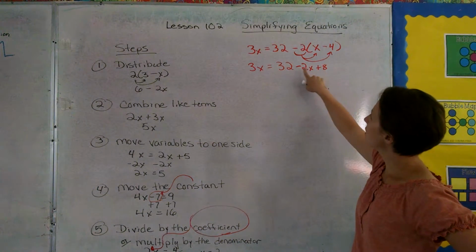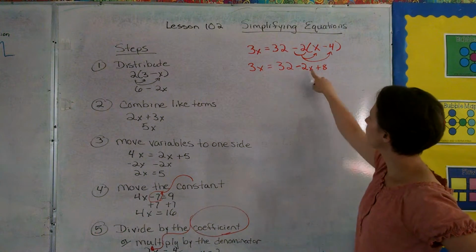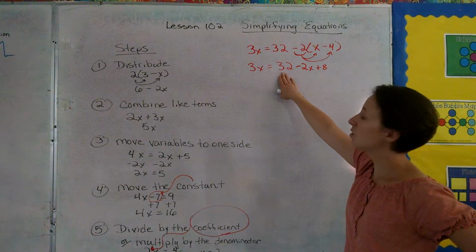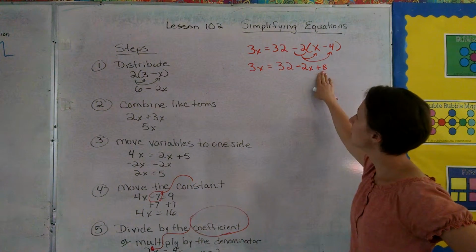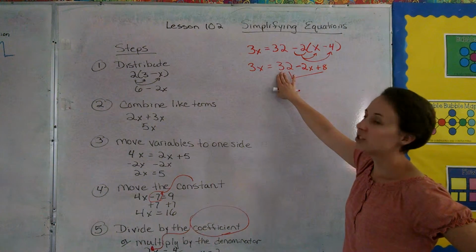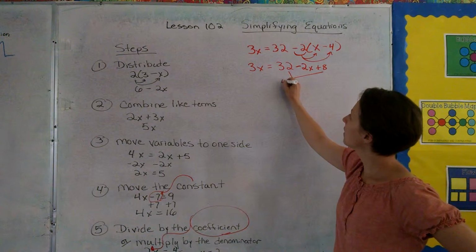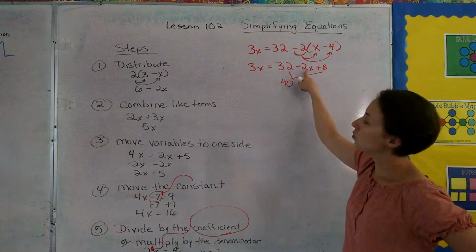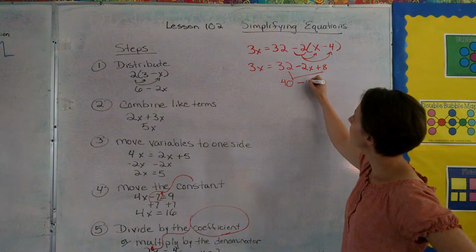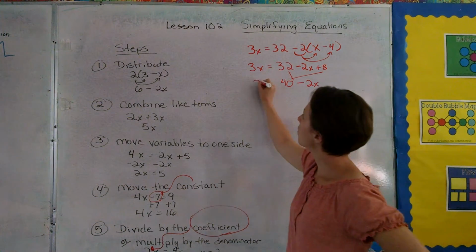Here I have 2 numbers and an x. No x's to combine. But I could combine the numbers. I have a positive 32 and a positive 8. Let's combine those together. 32 plus 8 gives me 40. Now, don't lose the rest of your problem. Rewrite it in. I still have minus 2x. And I have 3x over here.